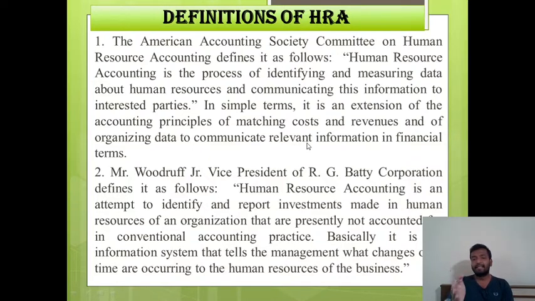Basically it is an information system. Not just, it is more than that. It is an information system that tells the management. That means we can say that HRA is helpful for managerial decision making relating to the human resources working in that organization. Yes, we can extract this meaning from the definition.